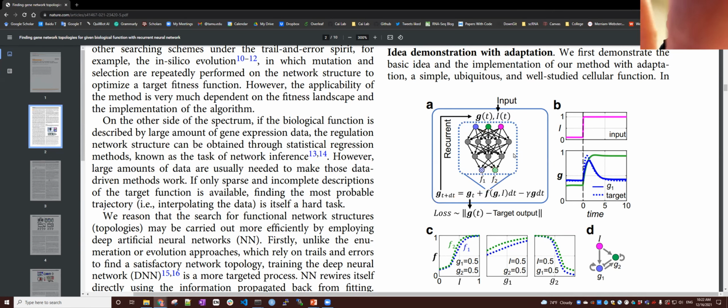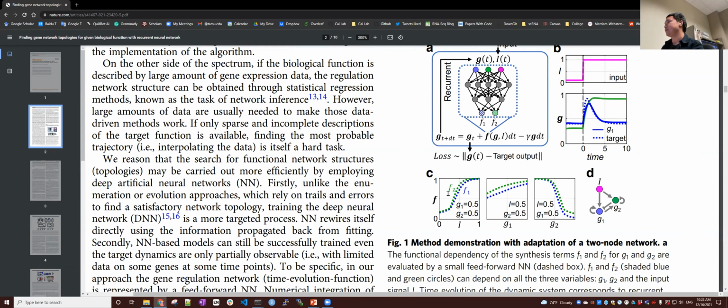And after they train, the figure C shows some result. For example, the function F, as you can see from this model, is a function of G1, G2, and I. And here we just feed some variable, and we got the curve of F, how the F change across I. And you can see as I increase, the F also increase.